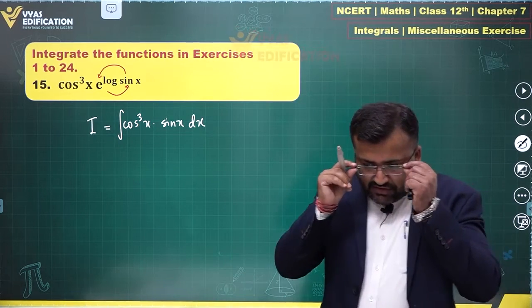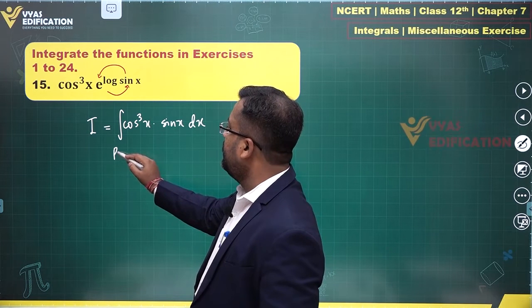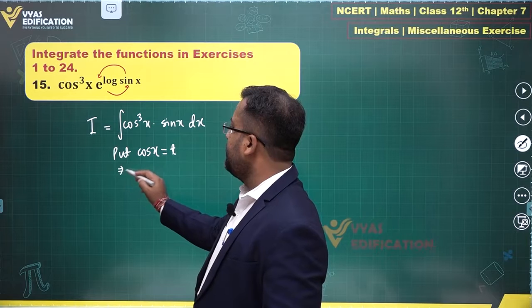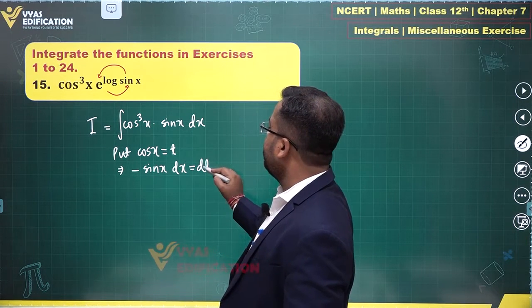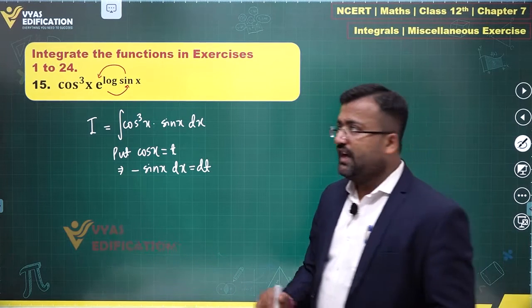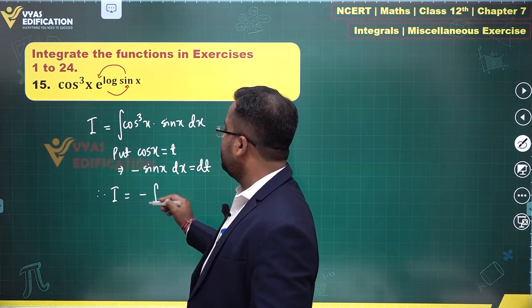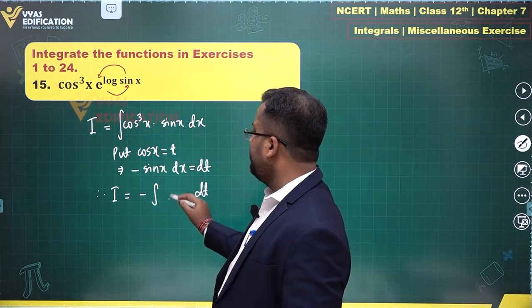And integration of this is not difficult. Cos x, derivative is sin x. So we can put cos x is equal to t. That tells me minus sin x dx will be equal to dt. Once you do that, I will be minus dt, cos power 3, which is t power 3.